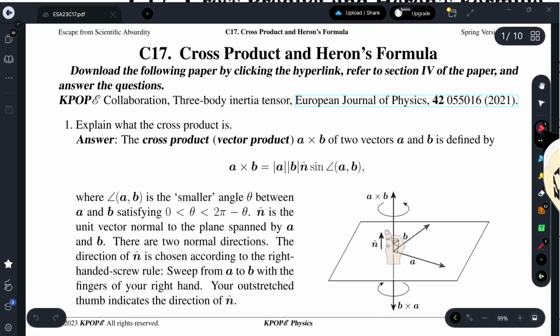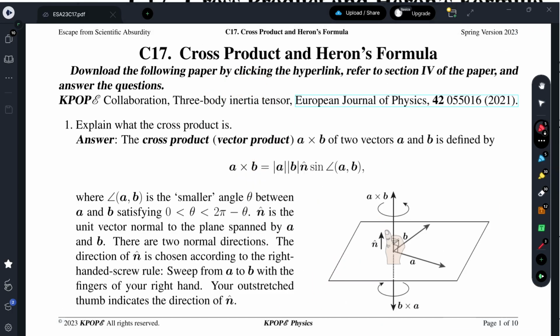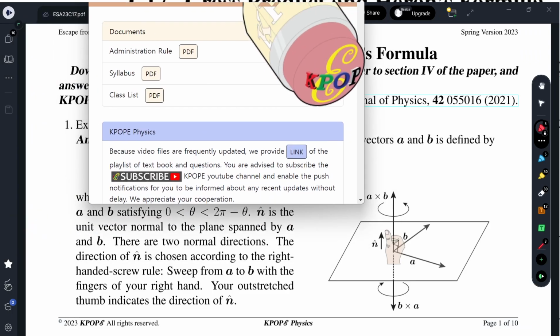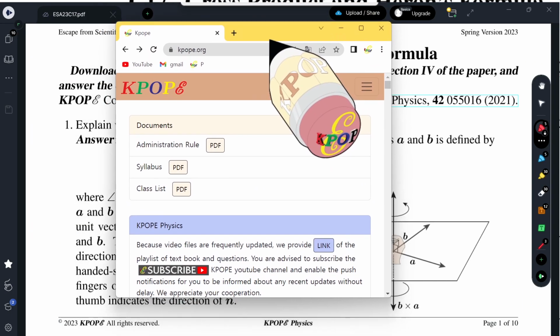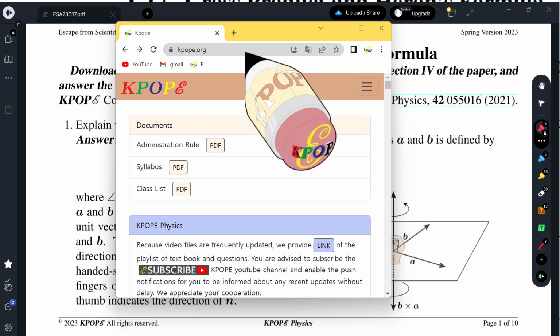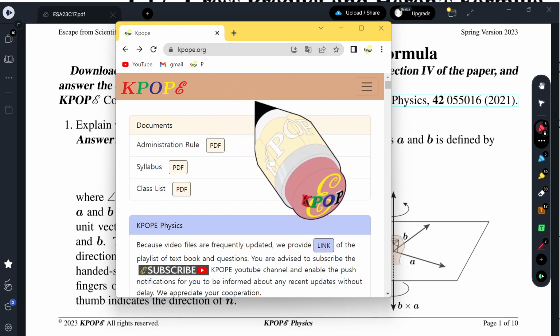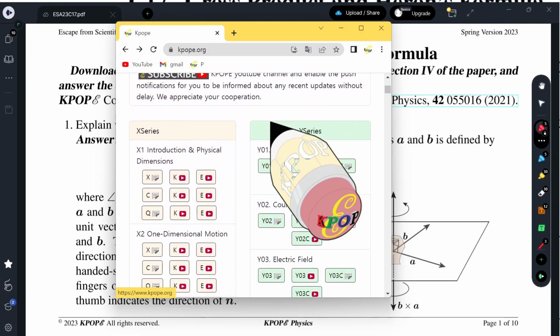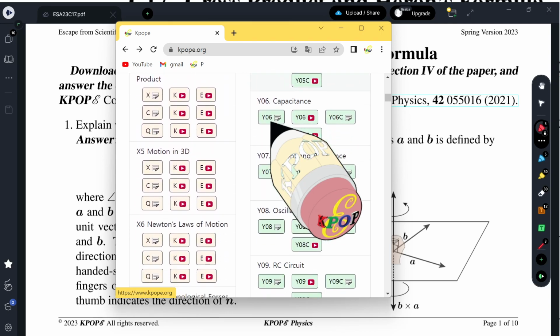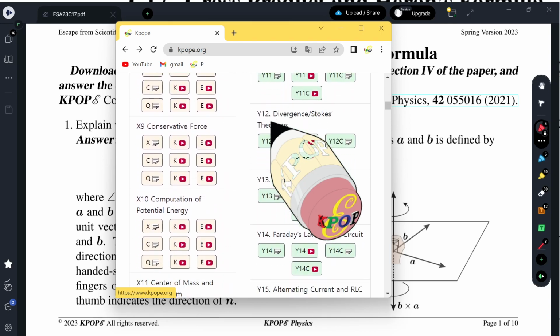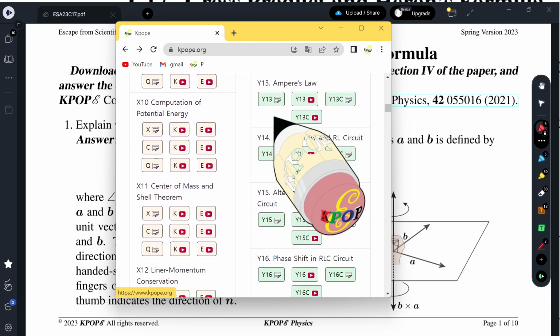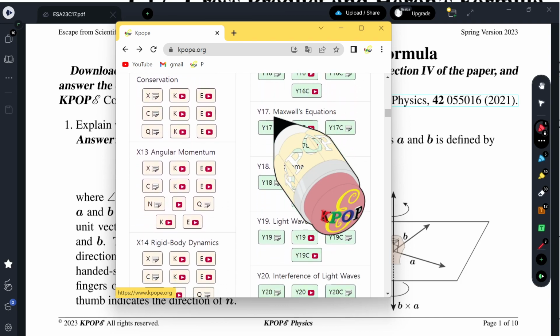Today we study C17. You can download this PDF file for the lecture notes. Recently we opened the website kpop.org, and in here every lecture file is updated in real time, and you can download it.